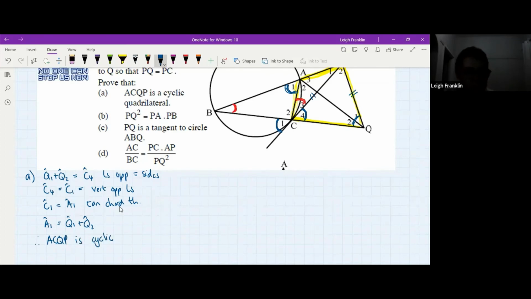Okay, and then the reason here is converse, exterior angle of cyclic quad. So we've managed to prove that it's cyclic.